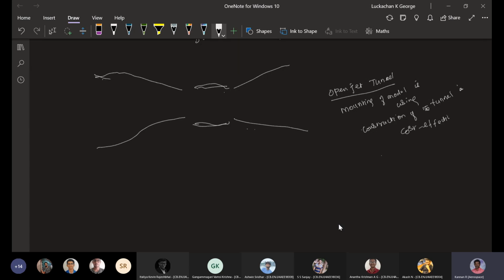And also, if you look at this, what will happen here? You are going to have a power unit. Using the power unit, you are going to suck the air. Automatically, it is going to absorb the atmospheric air also.